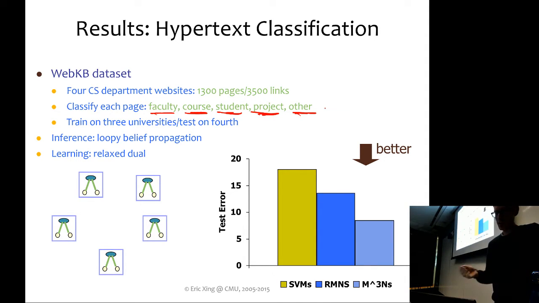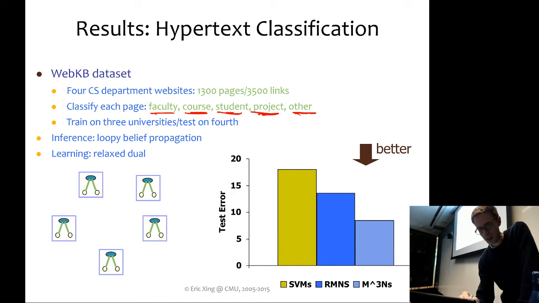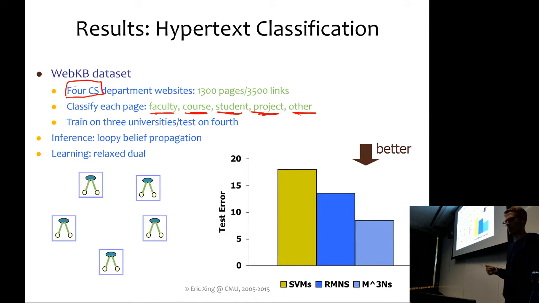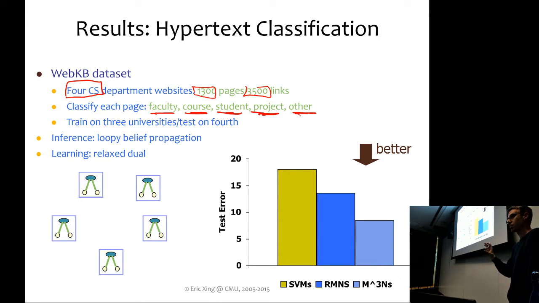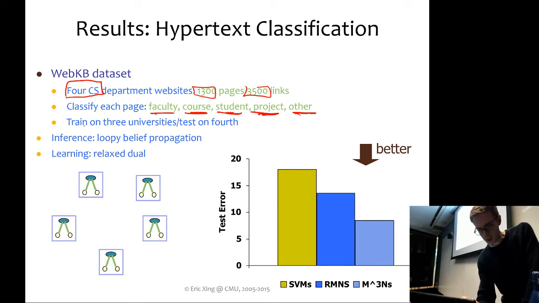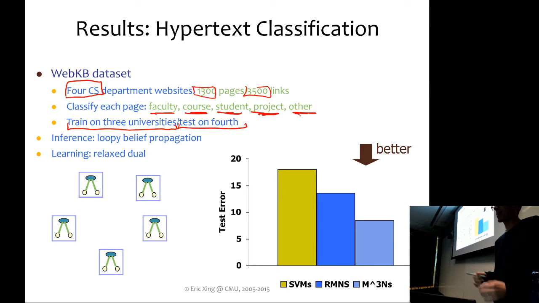This collection of web pages was collected from 4 CS department websites, probably CMU, Stanford, Berkeley, MIT, something like that. There are 1,300 individual pages and 3,500 links between those pages. The train test split is by university: 3 of them were for training and the 4th was for testing.